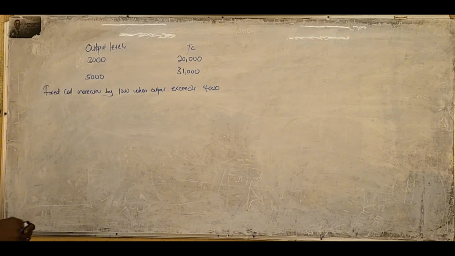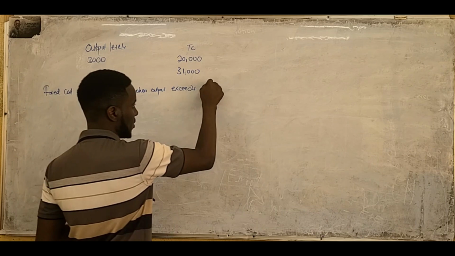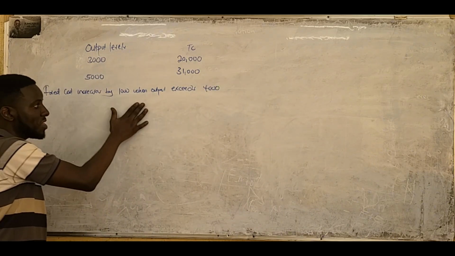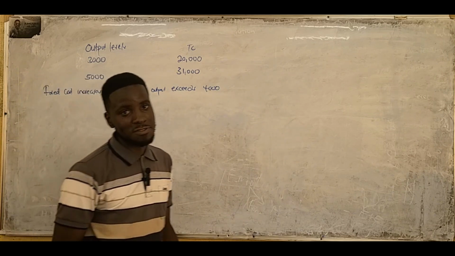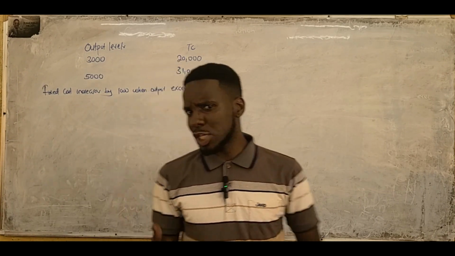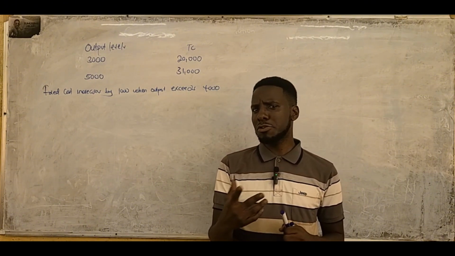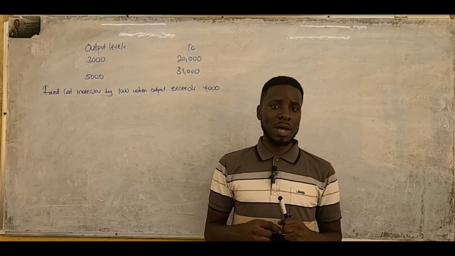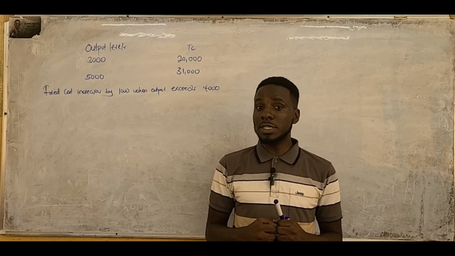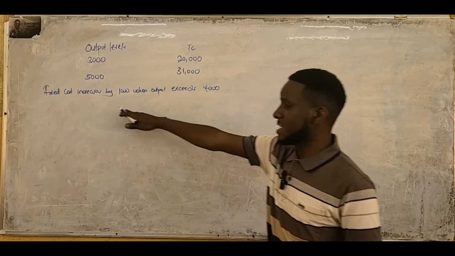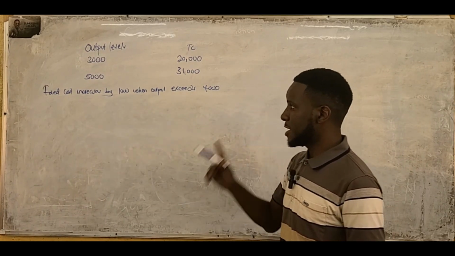Okay, now look at such a scenario whereby they are saying that fixed cost increases by 1,000 when output exceeds 4,000. Like I told you, when fixed cost is not the same, it is always hard for us to come up with a variable cost per unit because the fixed cost is not the same. Now, if we find such a scenario and they tell us this, this is what we are going to do.